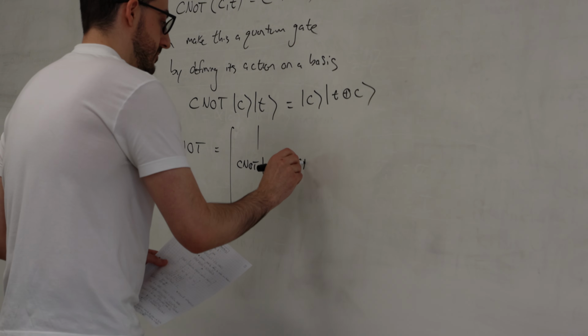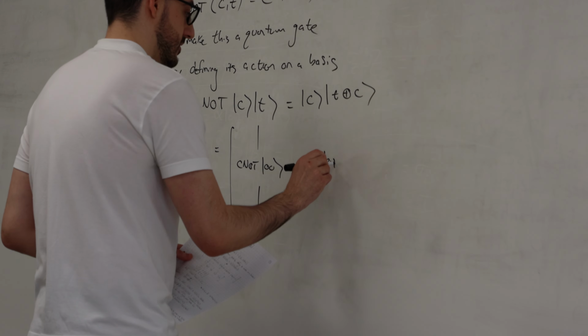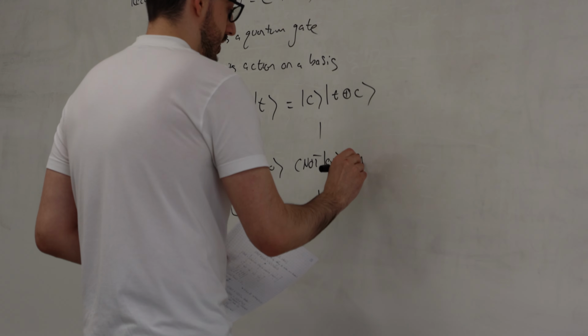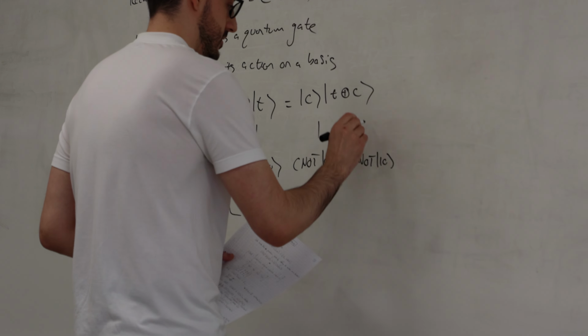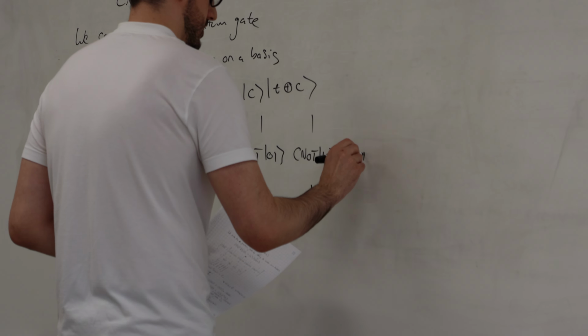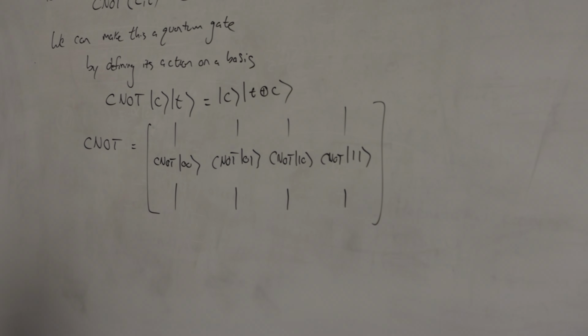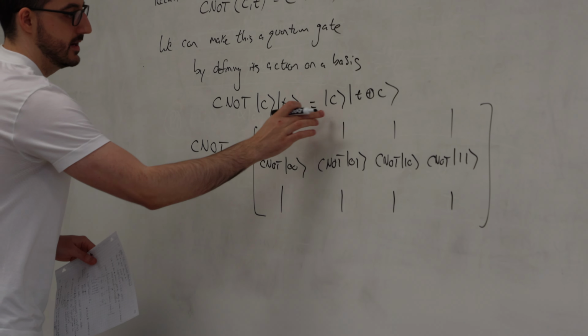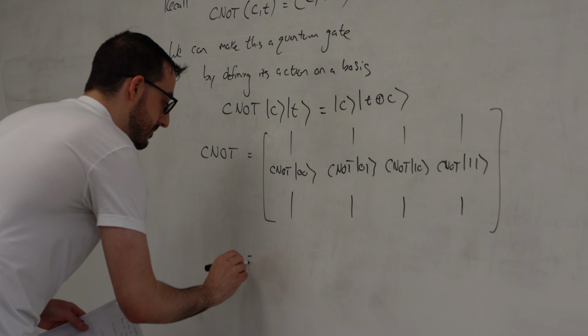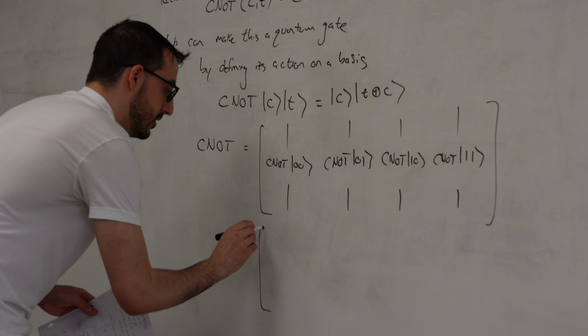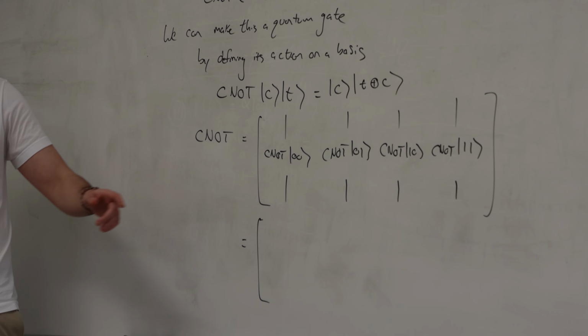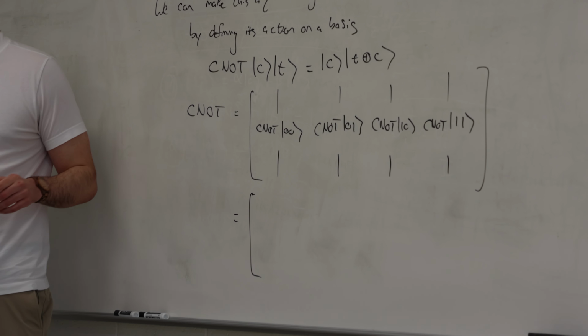And then the second column will be what it does to the second basis vector, 0, 1, and so on and so forth, 1, 0, CNOT, 1, 1. So who could tell me from this definition of CNOT here, defined on a basis, what the matrix of this operator would be? Who could tell me, for example, what the first column of CNOT is going to be?